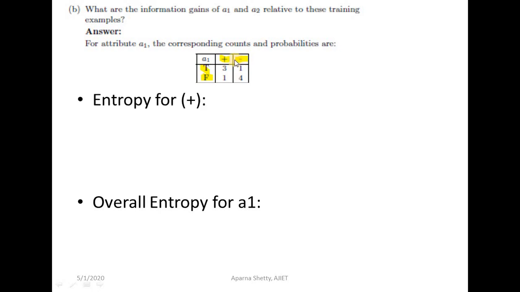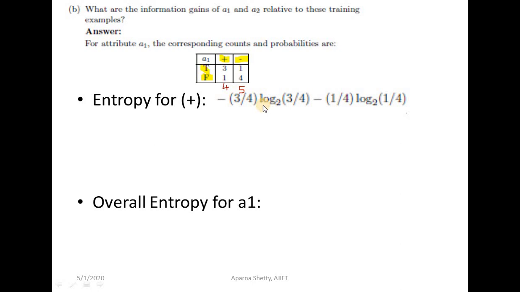Okay, after that you have to calculate the entropy for positive class. What is the total number of records of positive class? 4. Your total number of records of negative class? 5.